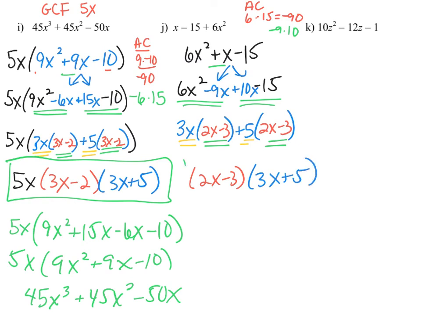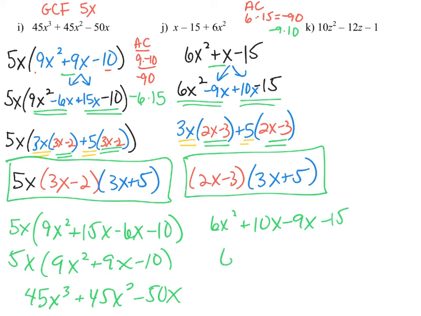We can check this solution by using the FOIL step. First, outer, inner, last is 6x squared plus 10x minus 9x minus 15. Combine the middle terms to get 6x squared plus x minus 15, which is what we started off with.